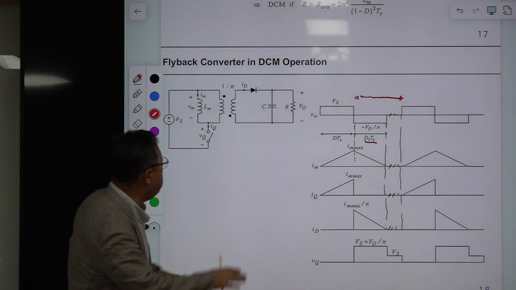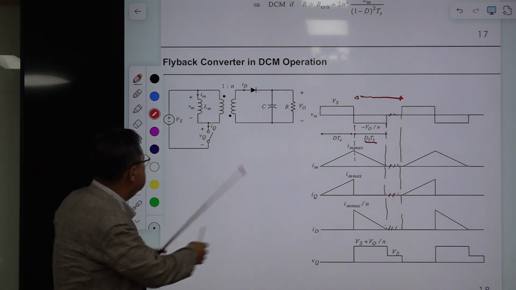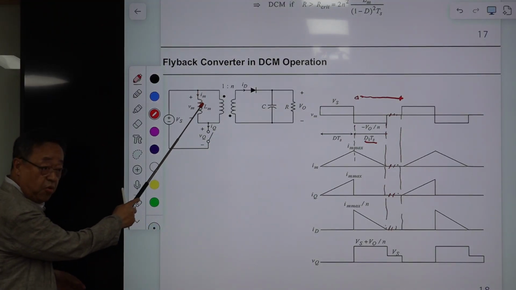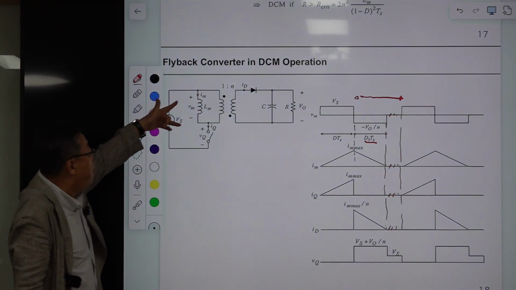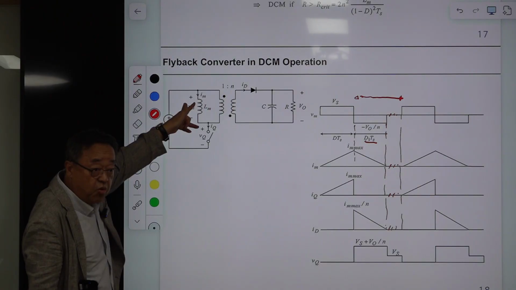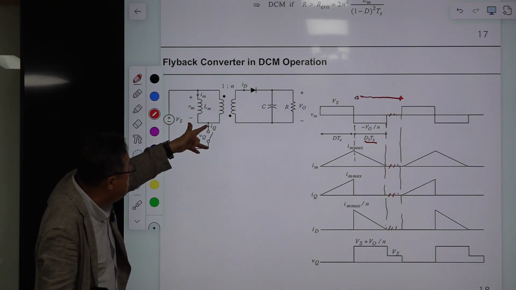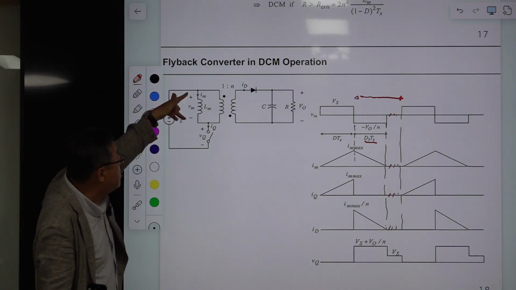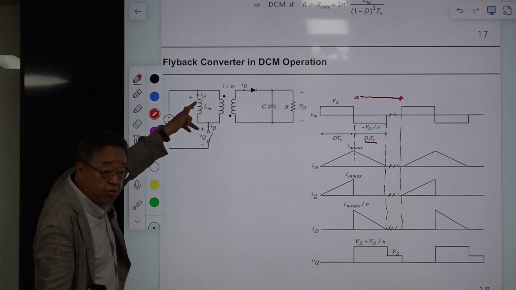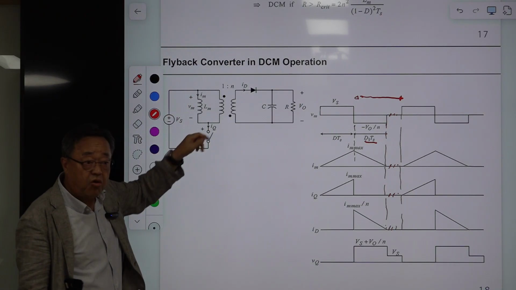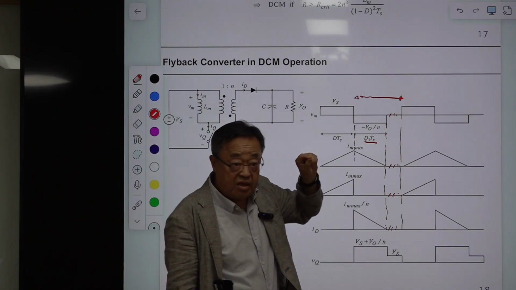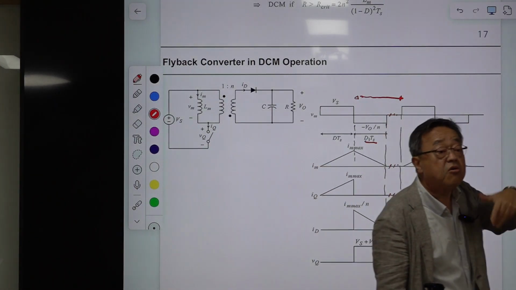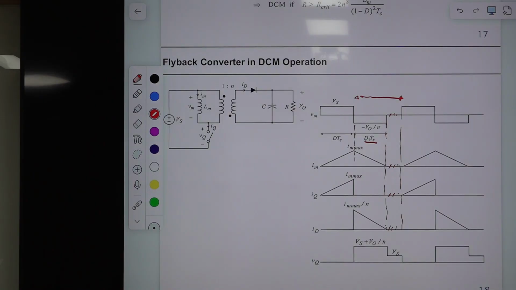But once the converter is in DCM, this IM becomes 0, then this voltage VM is 0. Then the voltage across this switch is the same as this one. Why is this voltage 0? Because the inductor current is staying at 0.